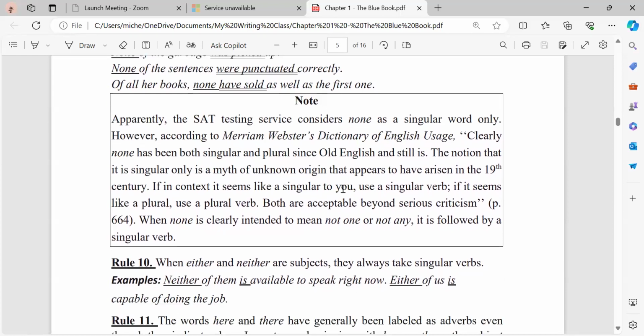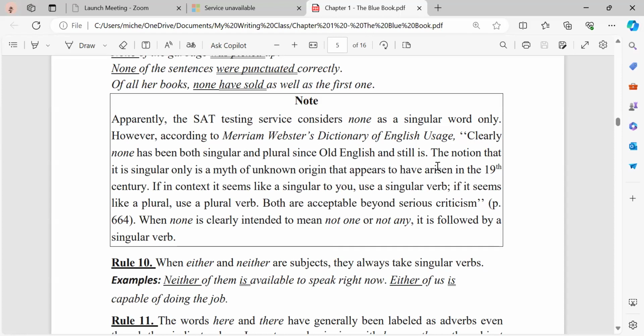And here's a note. This is an interesting note about the word none. According to the SAT testing service, none is actually a singular word, while on Merriam-Webster's, it can be both.